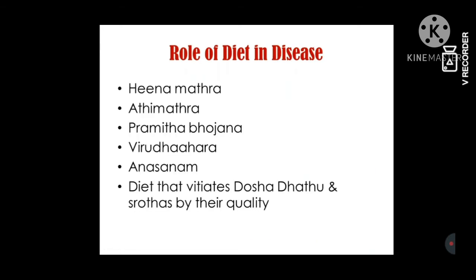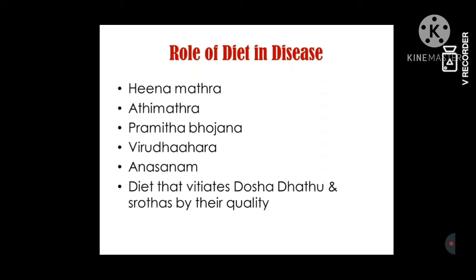So you see, while we are describing Mithyahara Vihara, especially Virodhi, we have to understand that Mithyahara Vihara Visheshena Virodhi may come under Hina Matra, Atimatra, Pramita Bhojana, Viruddhasana, Annasana, and diet that vitiates Dosha, Dhatu, and Srotas by quality.